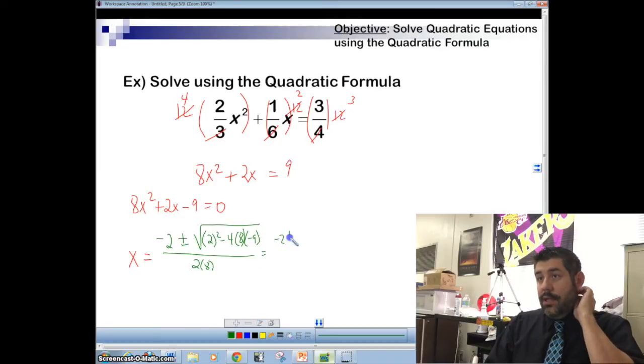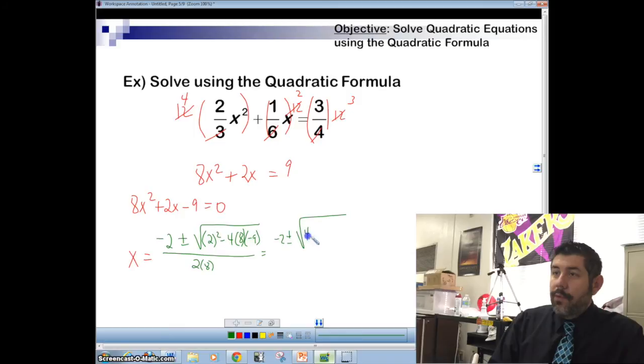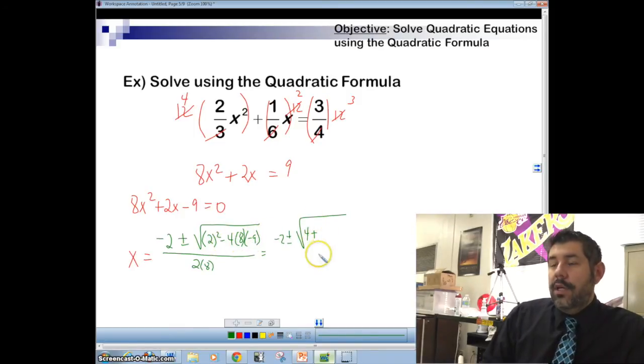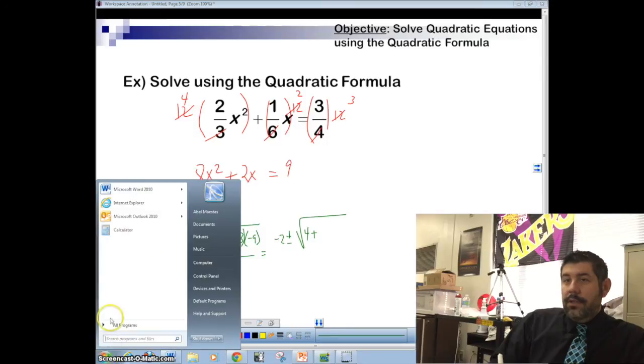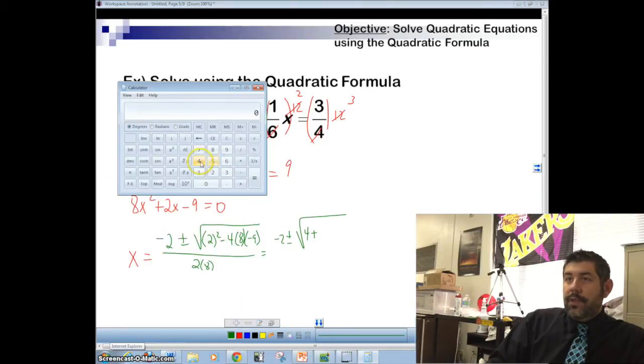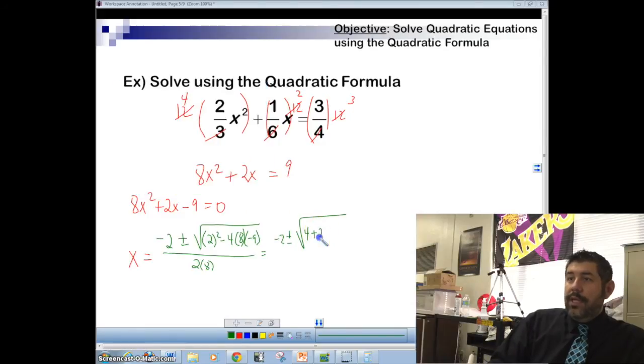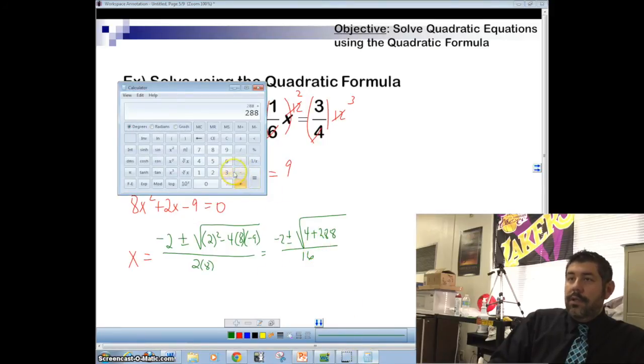So then negative 2 plus or minus the square root of 4 plus, because a negative times a negative is a positive, 4 times 8 times 9. Geez, guys, these are big numbers here. 4 times 8 times 9 is 288 over 16. 288 plus 4 is 292.